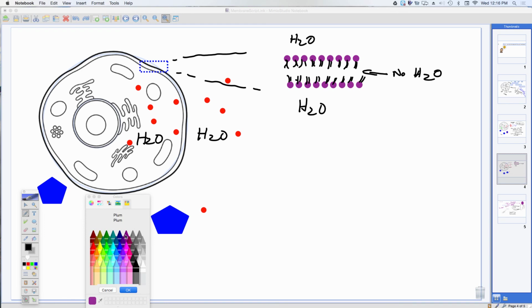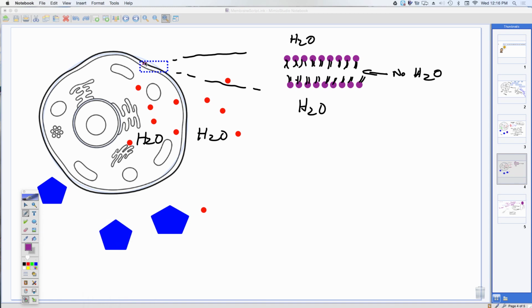So the end result is that the membrane naturally assembles itself in an aqueous environment. Again, just to color code a little piece of this, you could think of this black line as having these little purple heads, and purple heads on this side.